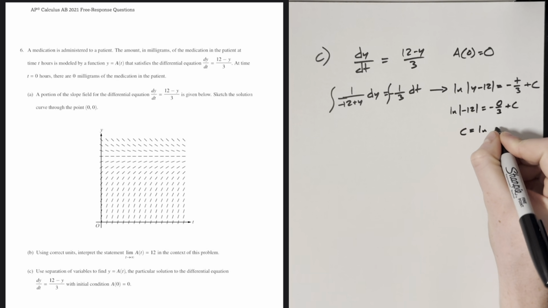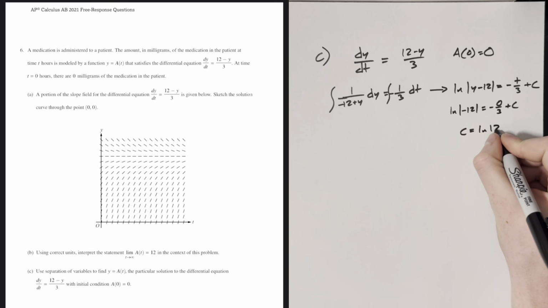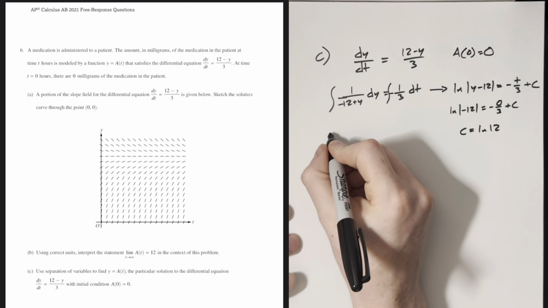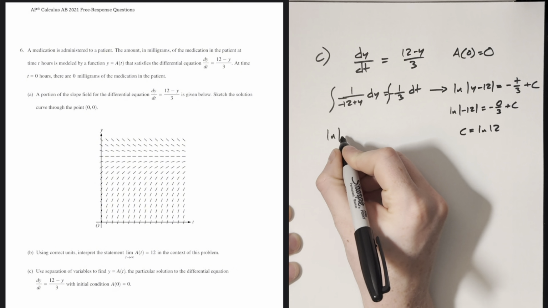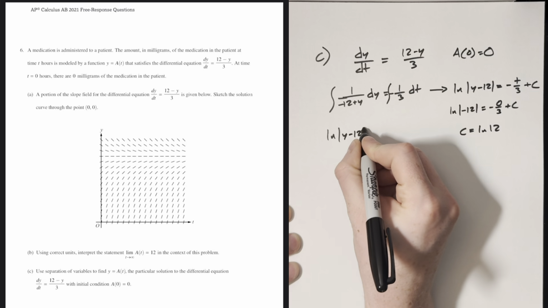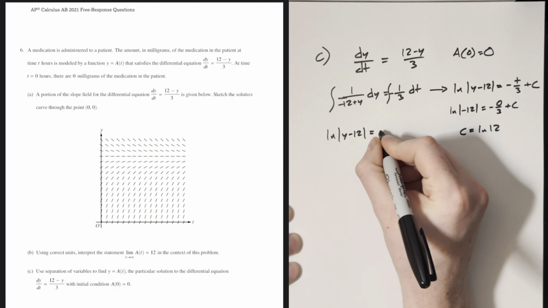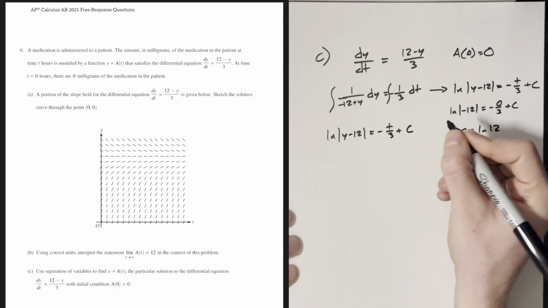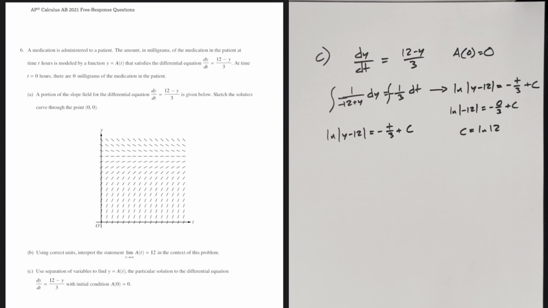So c is equal to the ln of positive 12. So now rewriting all of this, I get the ln of the absolute value of y minus 12 equals negative t over 3 plus c.